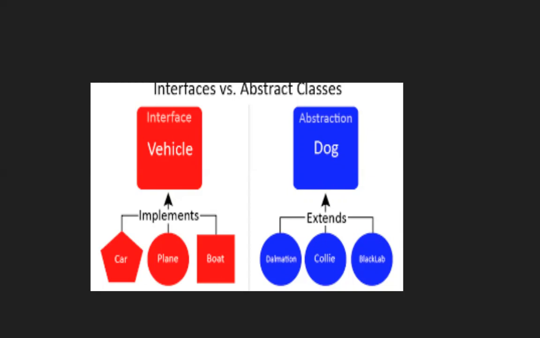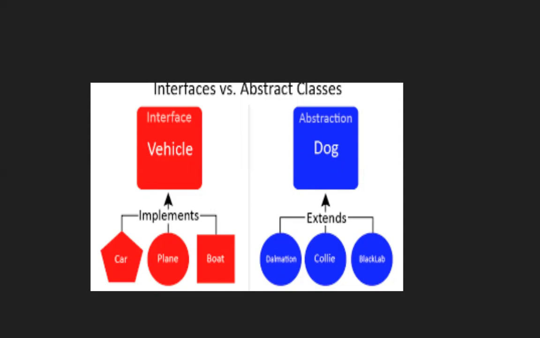Let's assume that is an interface: fish will swim, birds will fly, and animals will walk, whichever animals, like dogs, cats, human beings. That's how an interface will be implemented, and for abstraction, we will have a dog.